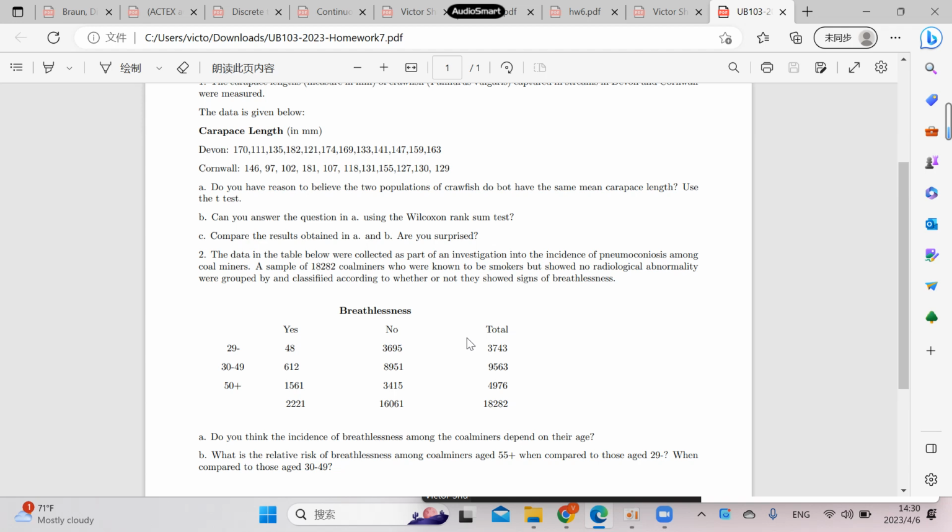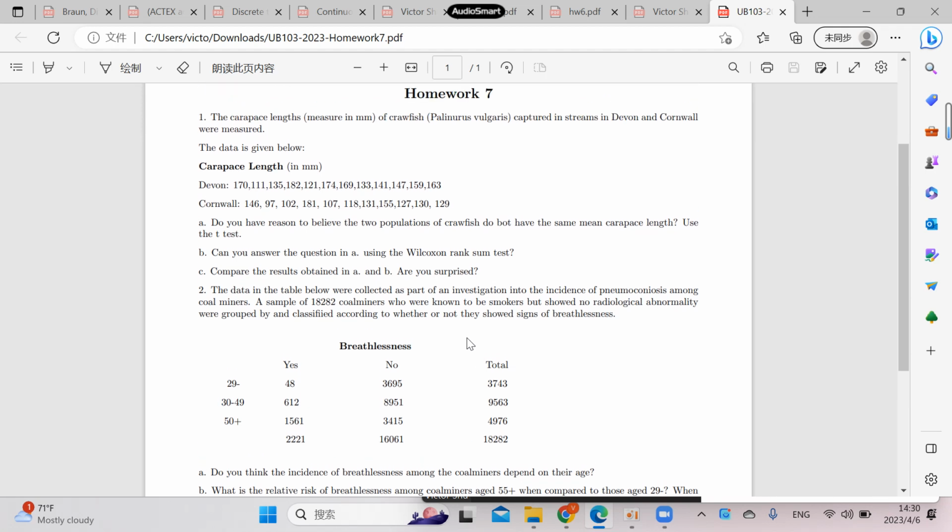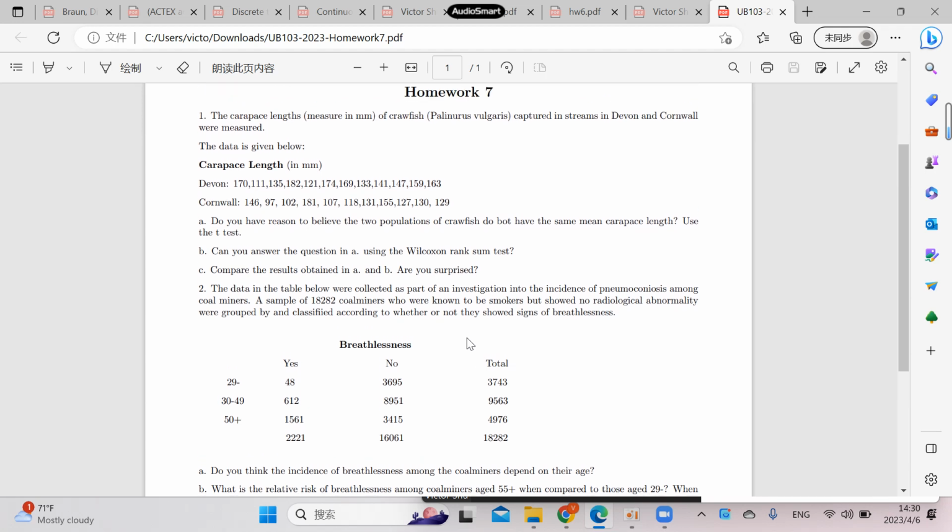And as I said, after you have your calculated t statistic, you're going to find your t critical value. The way is first to determine alpha, which here it doesn't say explicitly, but you could assume alpha is 5%.